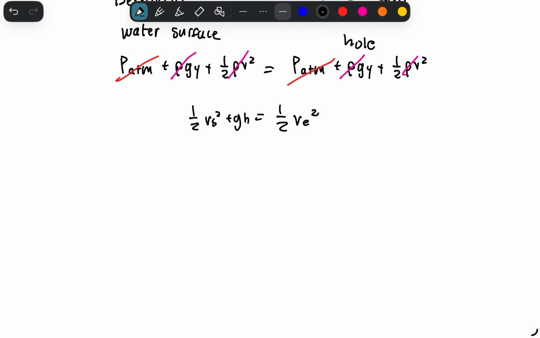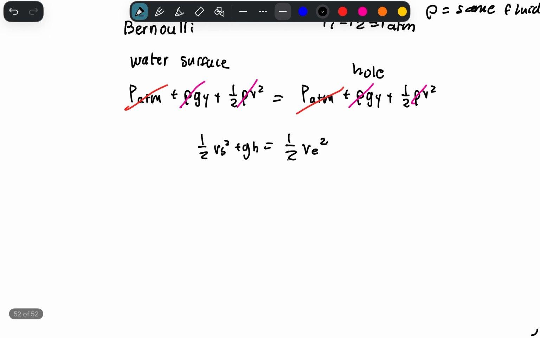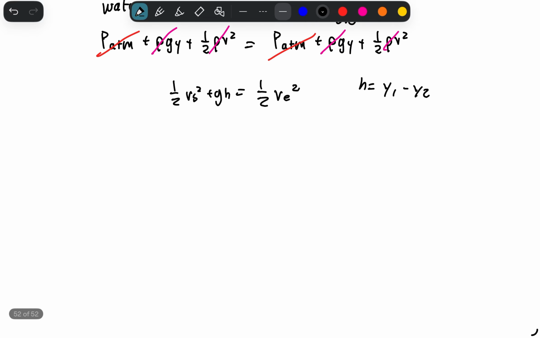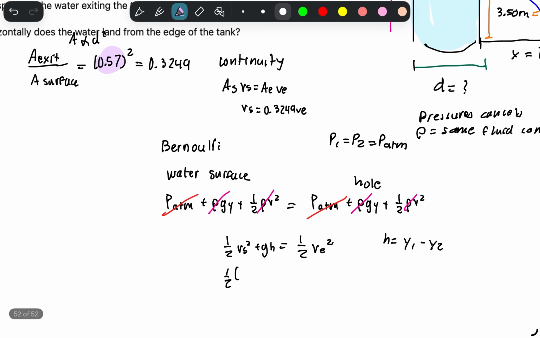And then you also start from VS, VE, GH. Our H is equal to Y1 minus Y2. So now we can just substitute in our VS here. So our VS was this expression, right?